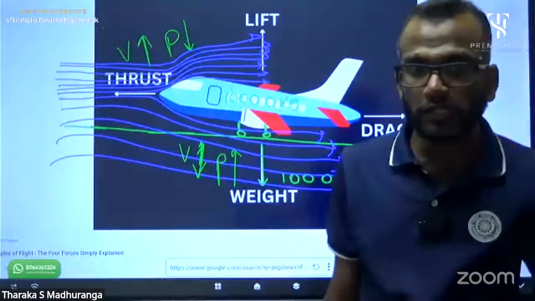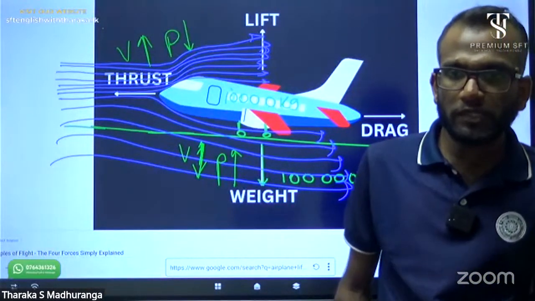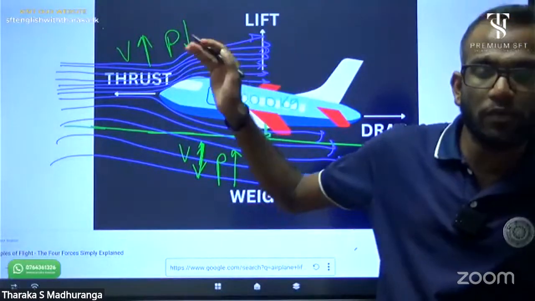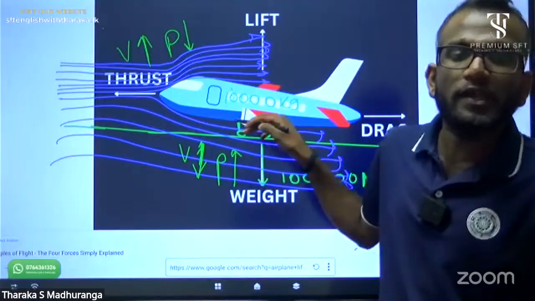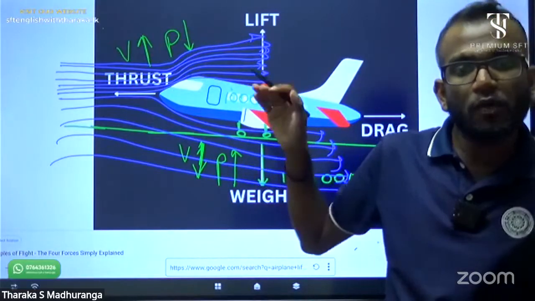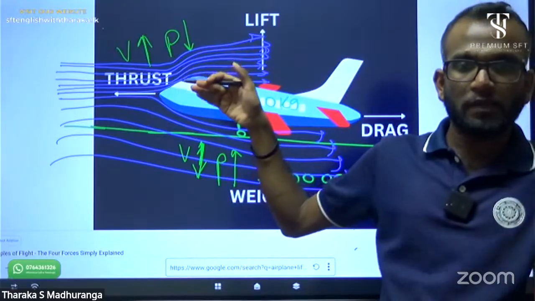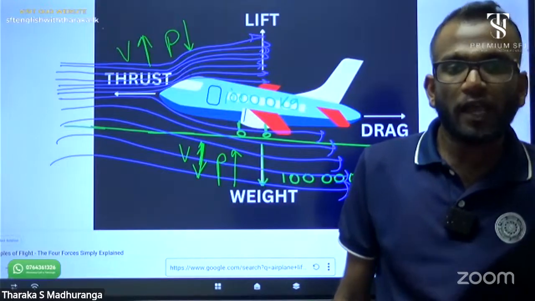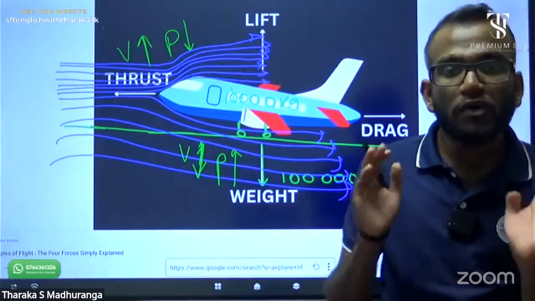It is inversely proportional. Therefore, the lower side has high pressure, but the upward side has low pressure. Now, from high pressure to low pressure, what happens? A force is generated.